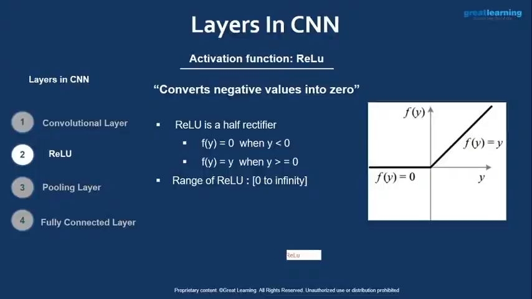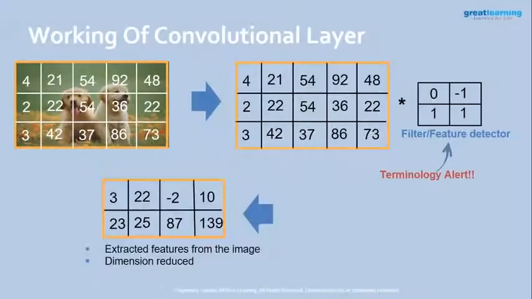I already told you that if a pixel value is a high number, we can say there can be a feature, right? You can see I have 87 and 139 over here, so I can consider that 87 and 139 have some feature.